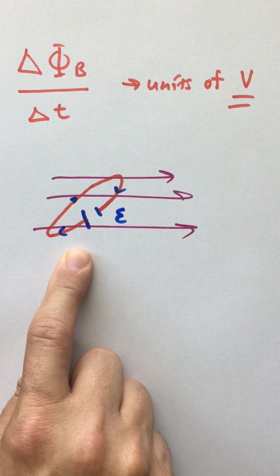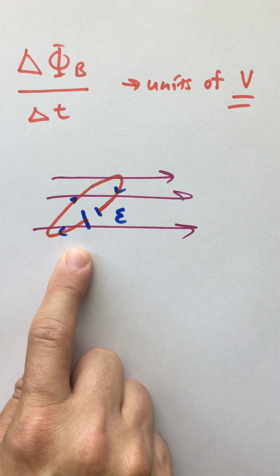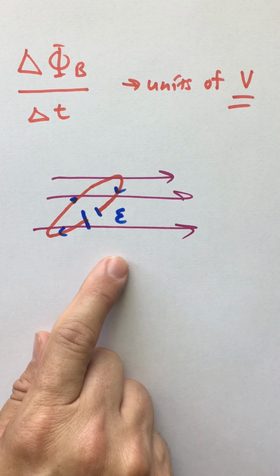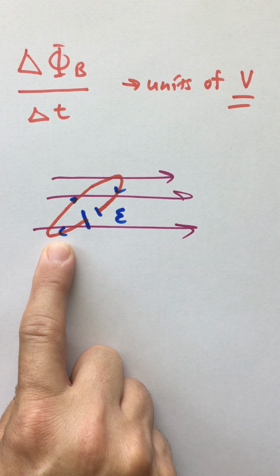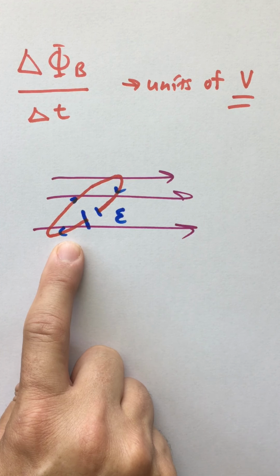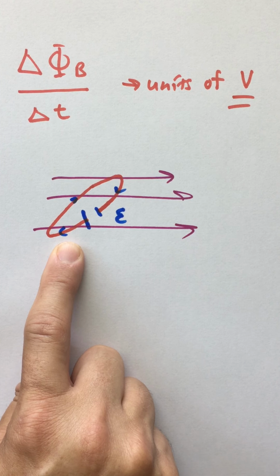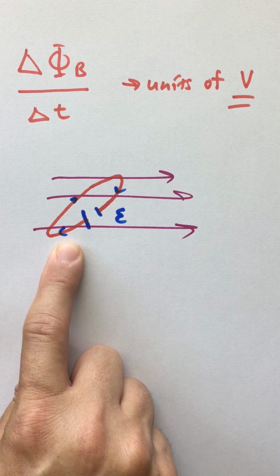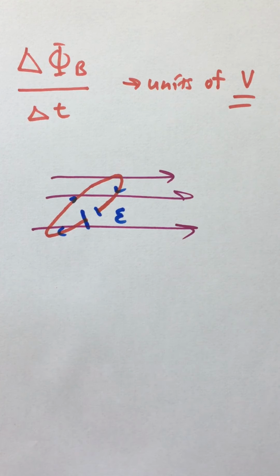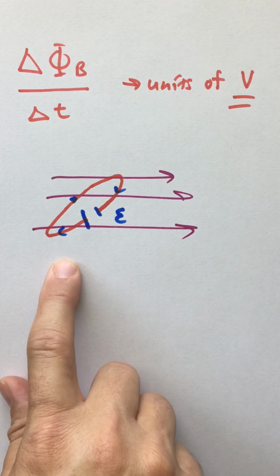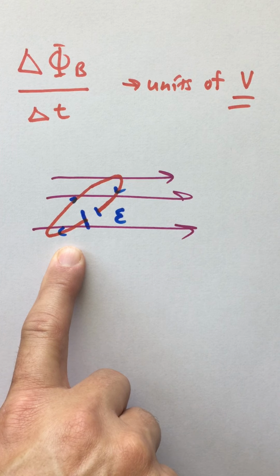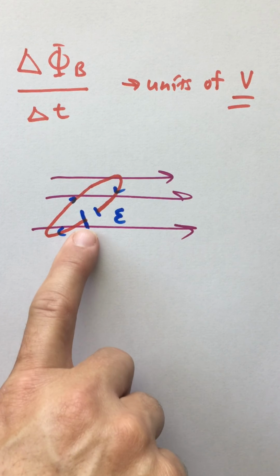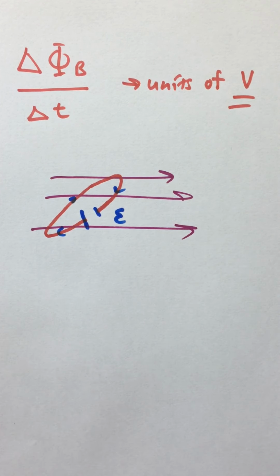A generator consists of coils of wire interacting with a magnetic field, and somehow you are changing the flux through that wire. Most often, you're making this thing turn by connecting it to probably an internal combustion engine. If you've ever seen the portable generators where they have pull starts like lawnmowers, that's what's happening. You're turning a coil of wire inside a magnetic field, thereby changing the flux and producing electricity.